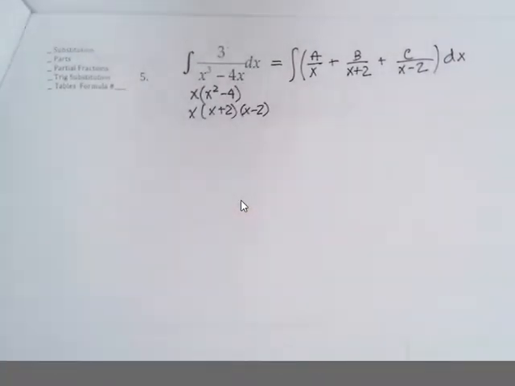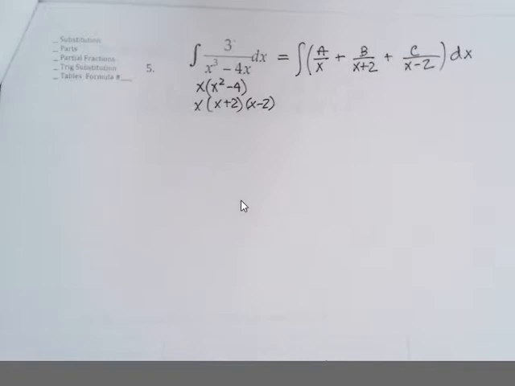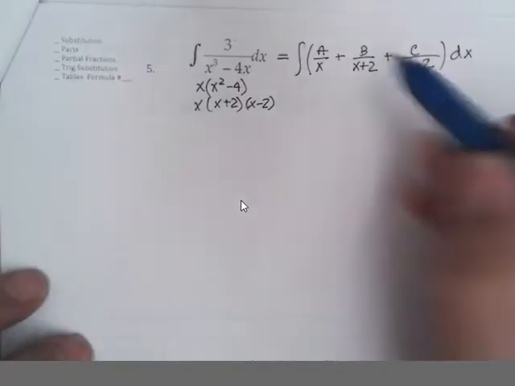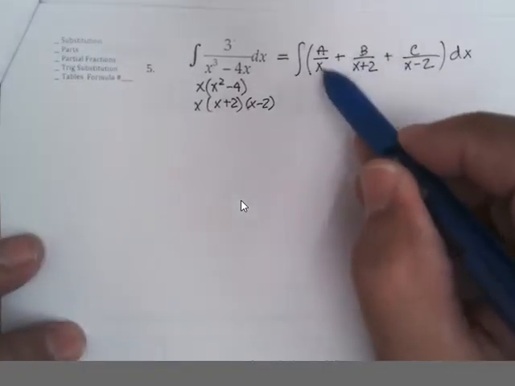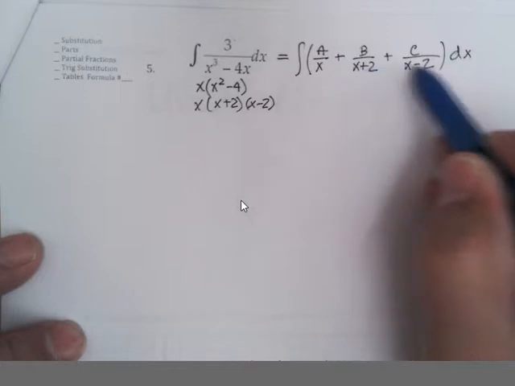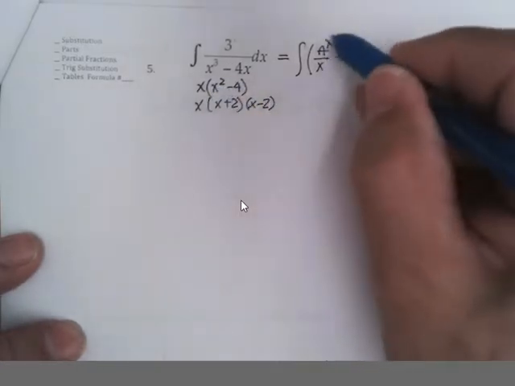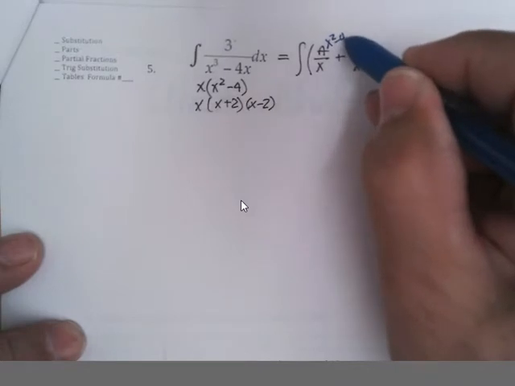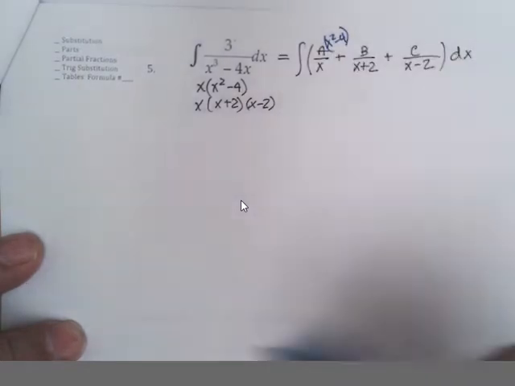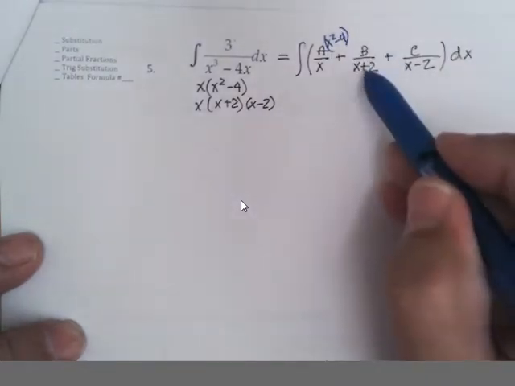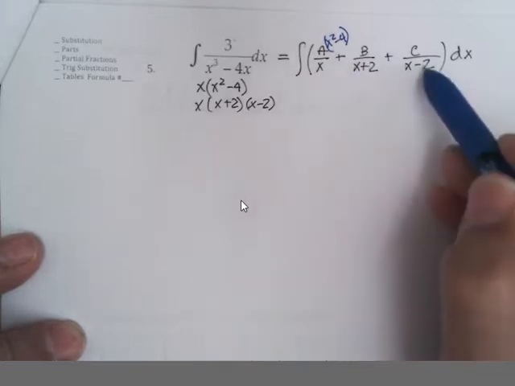All right, now some of you had trouble with what do I multiply by? Well, if a is here and has an x, it doesn't have these two. So I need to multiply those two. Well, we know those two multiply to be x squared minus 4. B has the x plus 2, so it doesn't have these two.